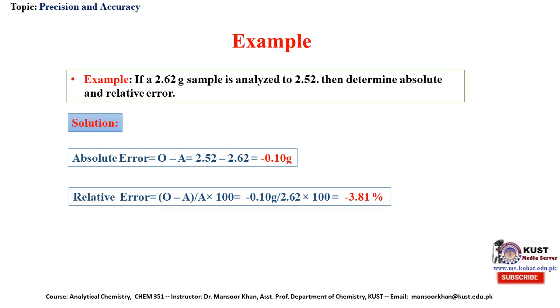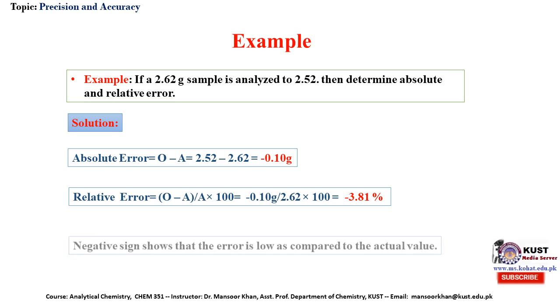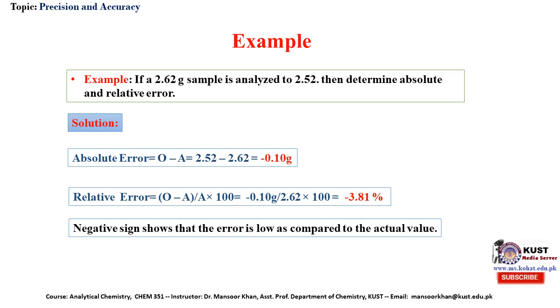While on the other hand, the relative error is equal to absolute error divided by accepted value multiplied by 100. So we obtained the value of relative error, which is equal to minus 3.81%. Here is an important note. The negative sign shows that the measured value is low as compared to the actual value.